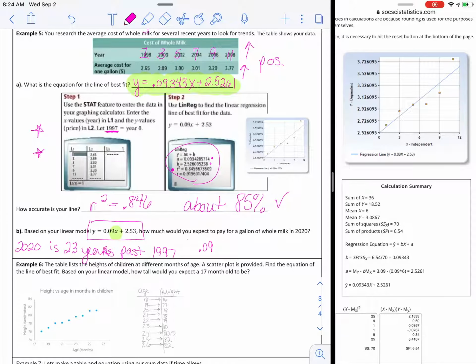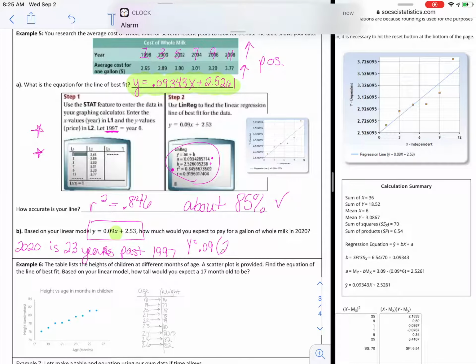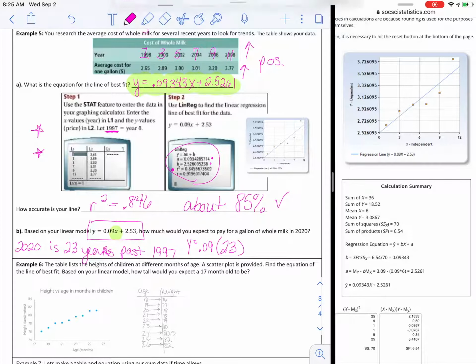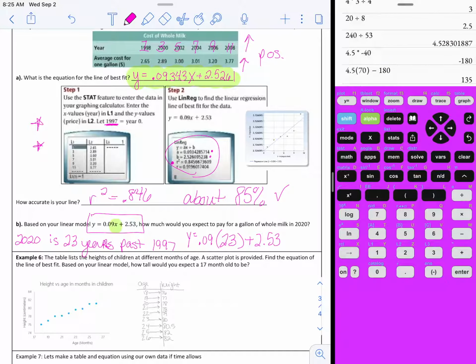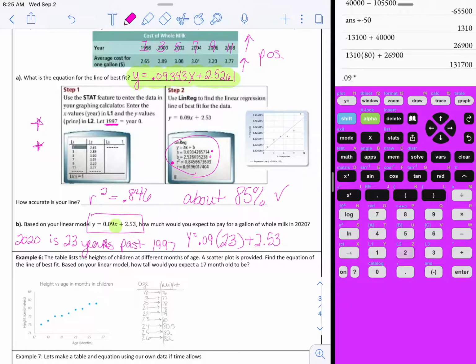It's not like it's going to make that big of a difference. Okay, plus 2.53. And if I put that in my calculator, let me get my calculator back on screen here. I'm learning, guys. I'm sorry. 0.09 times 23 plus 2.53. I get 4.6. So we're looking at $4.60.